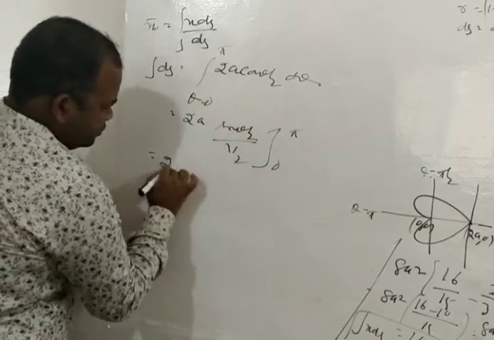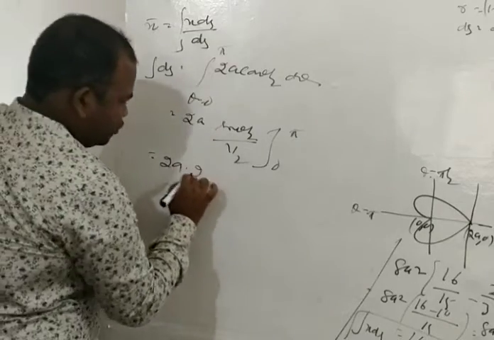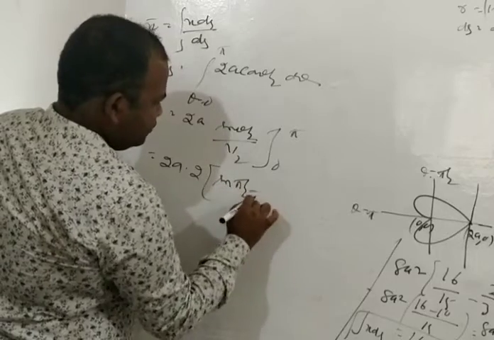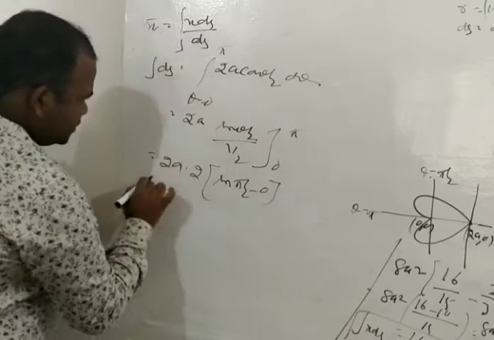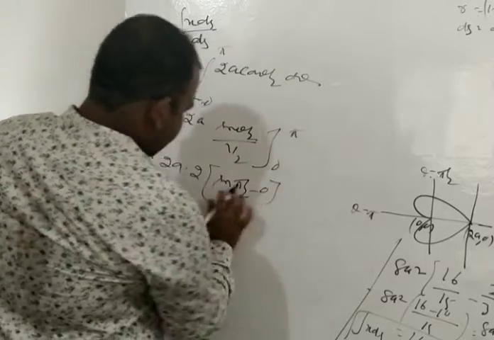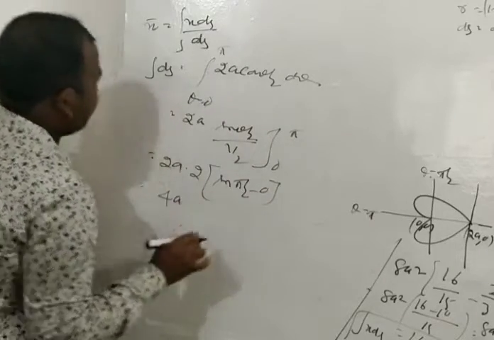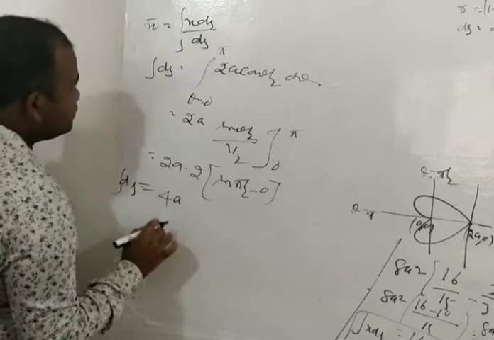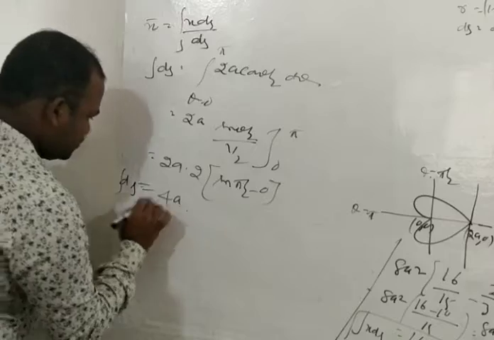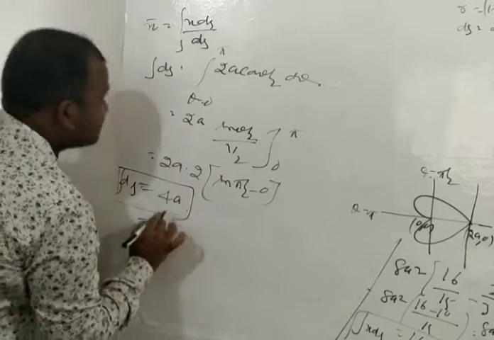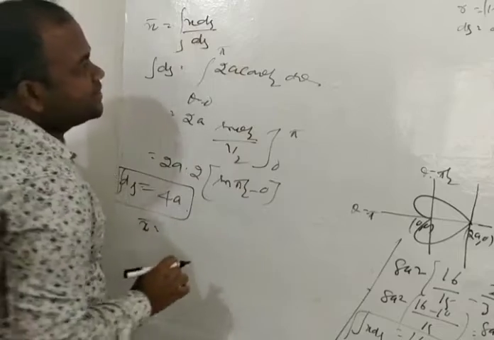So this is 2a into 2, times sin(pi/2) minus 0, that is 4a. So what is the value of the integral of ds? ds equals 4a. Okay, so that is x bar. x bar equals the integration of x ds.